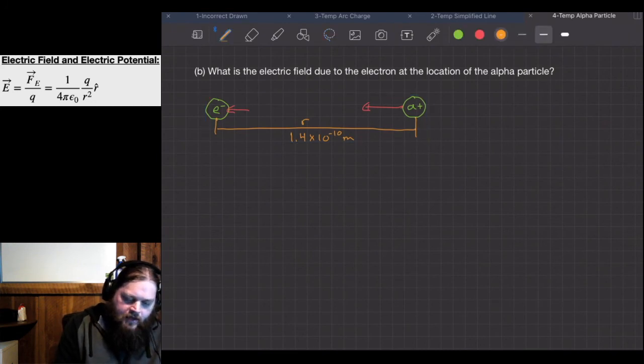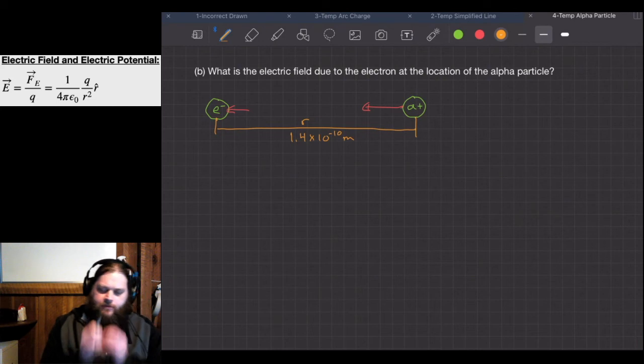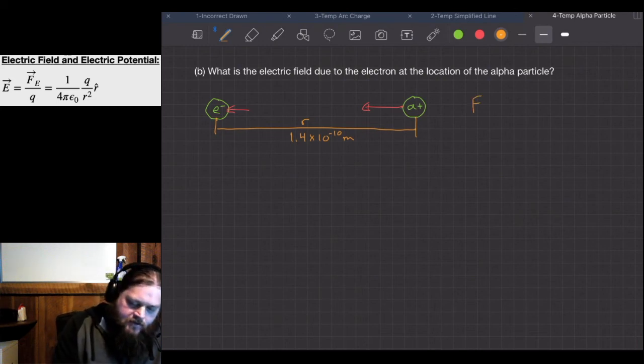So we're looking at the electric field that's from the electron itself. And we can write our same equation, the electric field, I'll say a little e minus for the electron, is equal to k q, the charge of an electron, divided by that r squared.